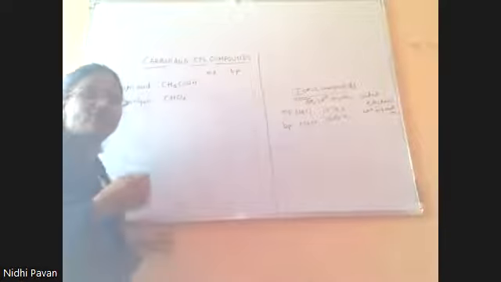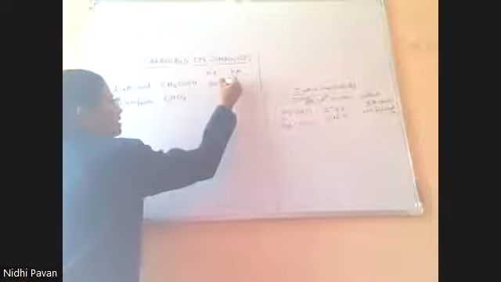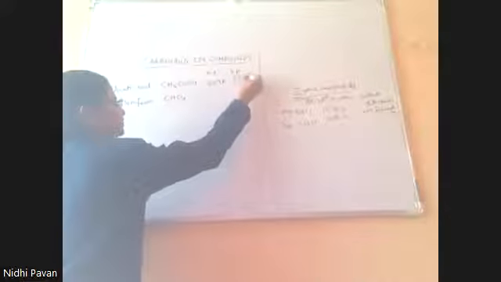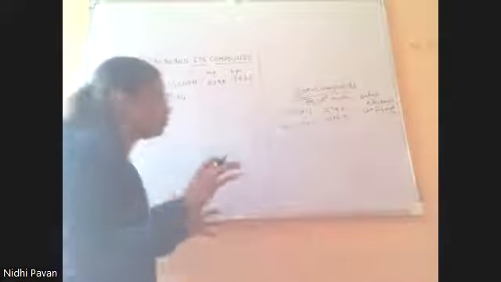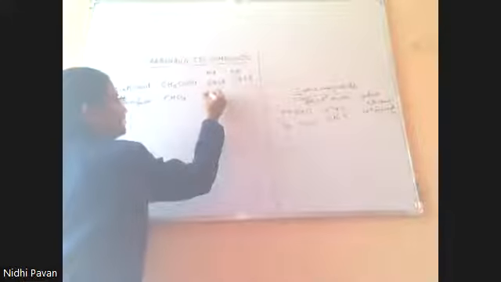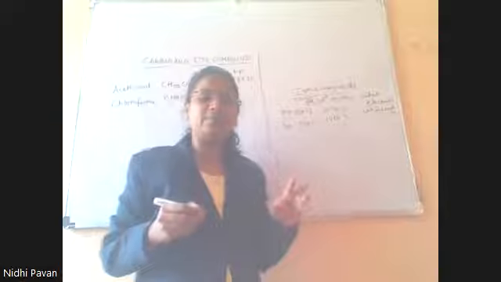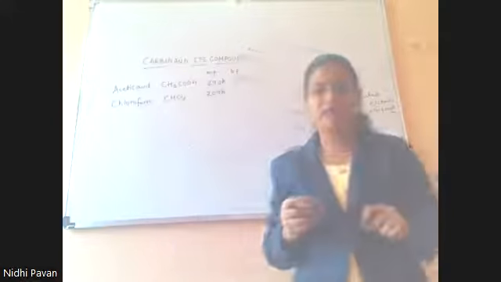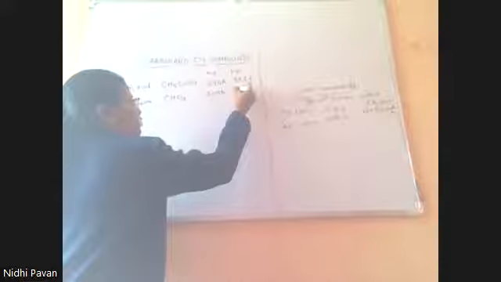The melting point of acetic acid is found to be 290 Kelvin and its boiling point 391 Kelvin. Similarly, the melting point of chloroform is 209 Kelvin, and the boiling point of chloroform is found to be 334 Kelvin.